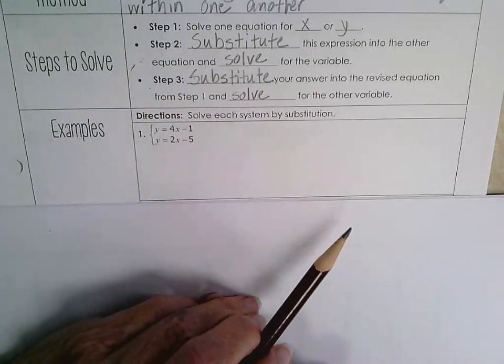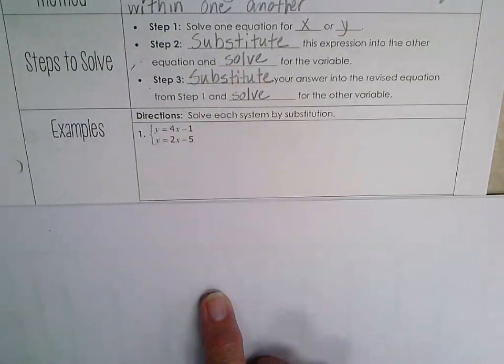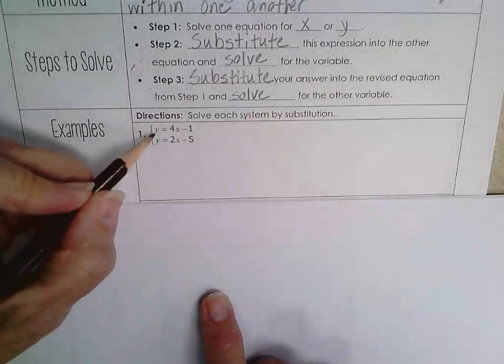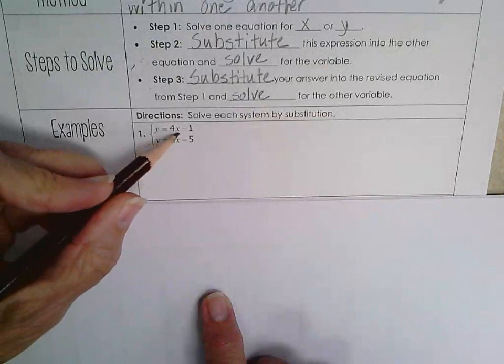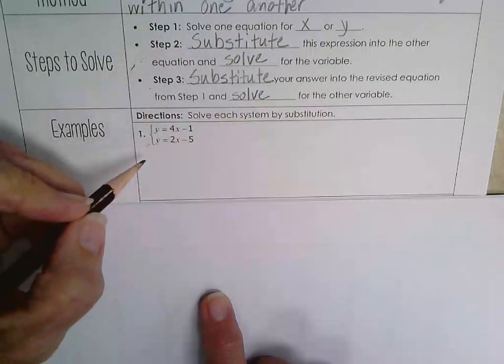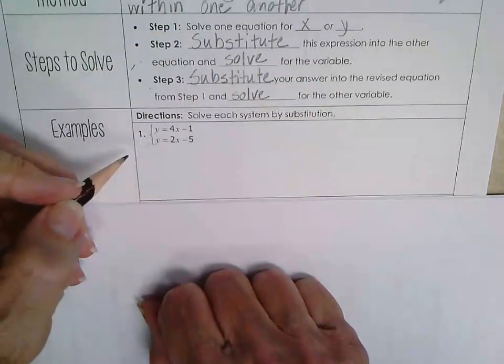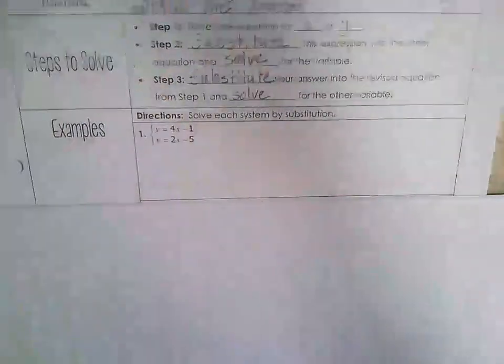So we're practicing the substitution strategy now. And often we want to use substitution when we have a variable, either the y or the x, that does not have a coefficient in front of it. Because then it's almost obvious.